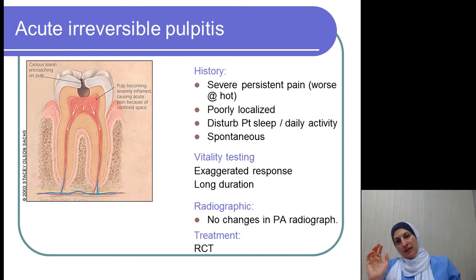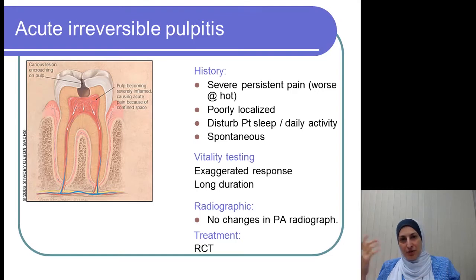One common mistake, let's say, is that students rely on the fact that it disturbs sleep. Well, it does disturb sleep if the problem happened during the night. But if the irreversible pulpitis happened within the day, it will disturb the day activity.